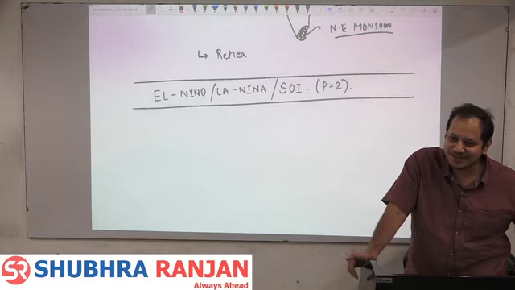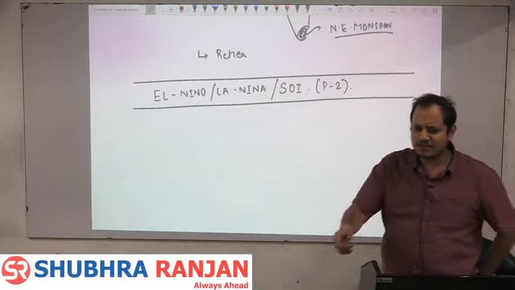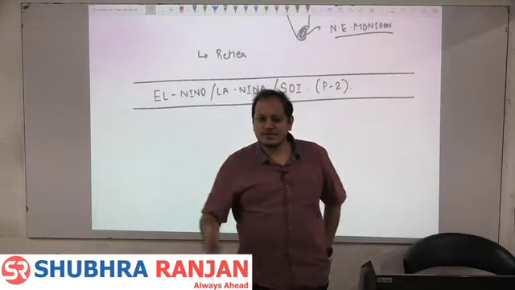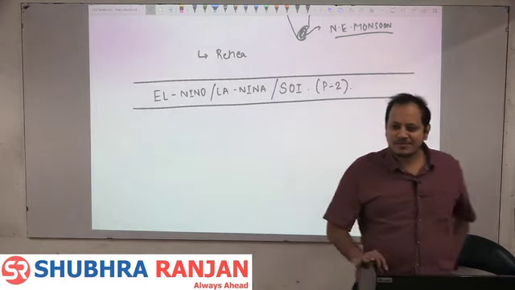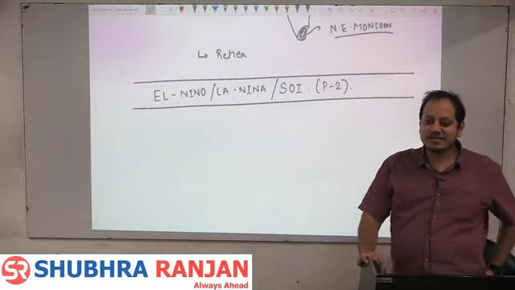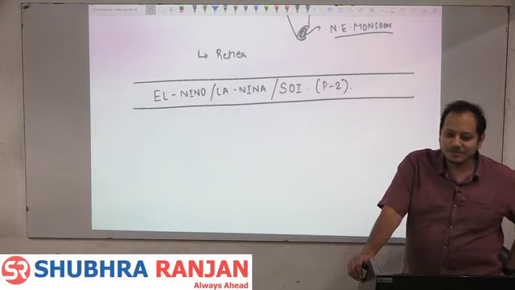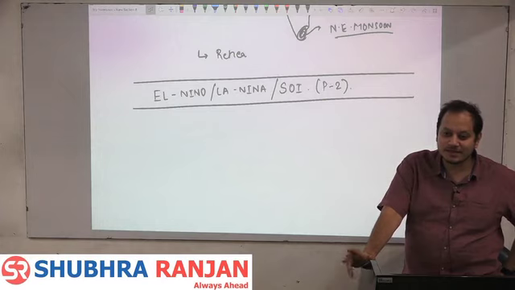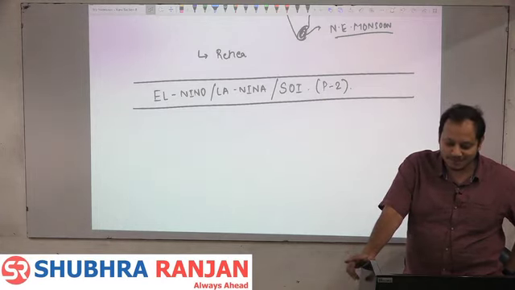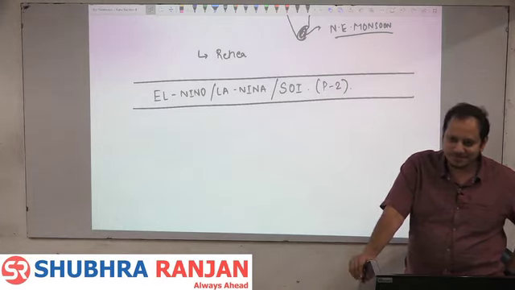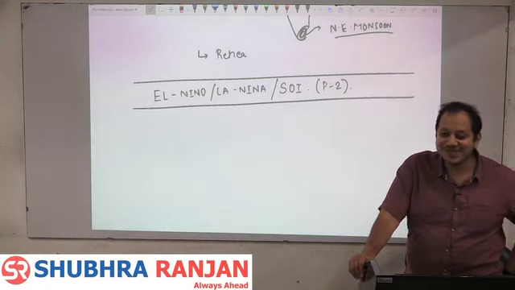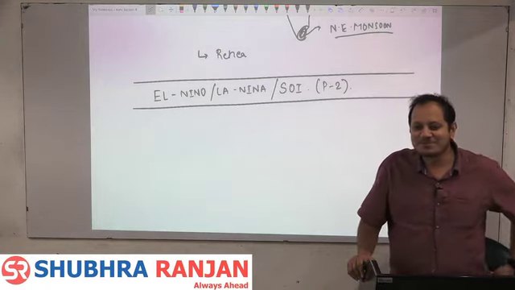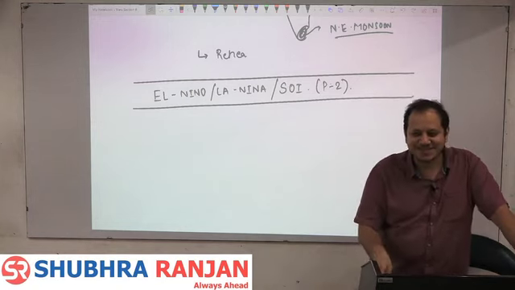Trade winds are always there. El Nino क्यों हो रहा है? Why is El Nino occurring? What is happening to the trade winds there? Stronger or weaker trade winds? Weakening of the trade winds. I don't want explanation. Just a key point.